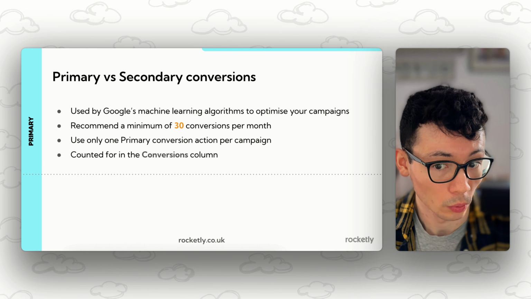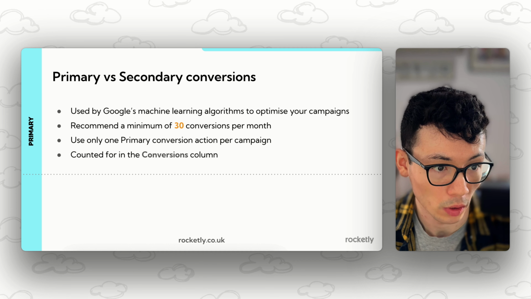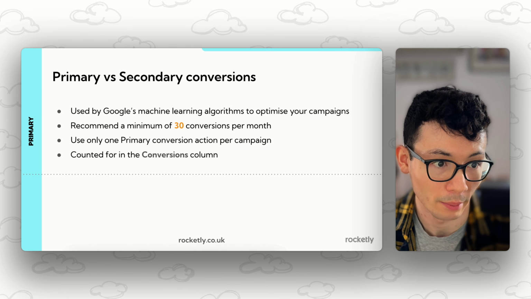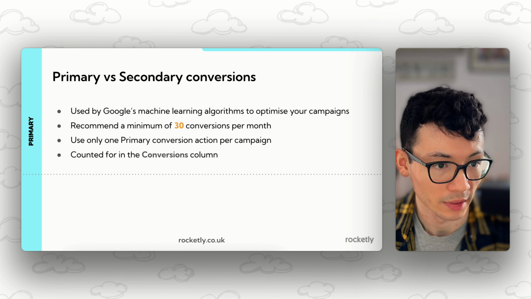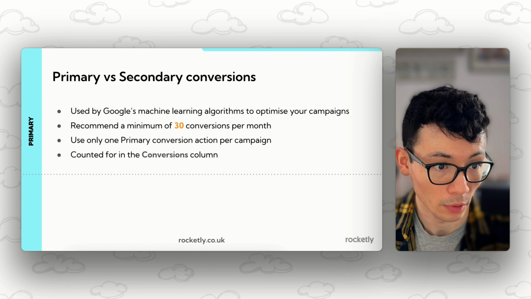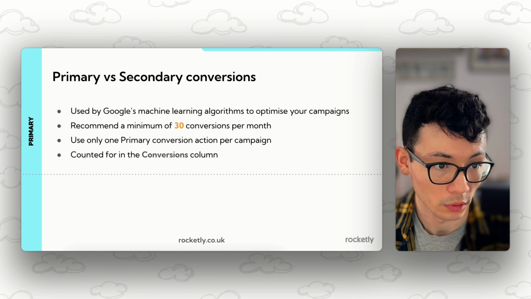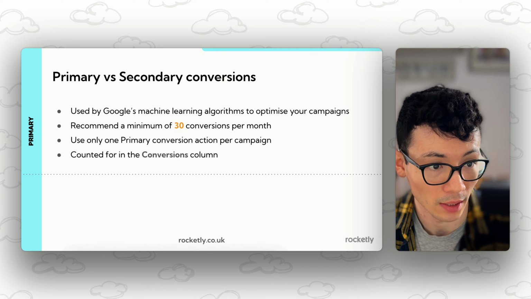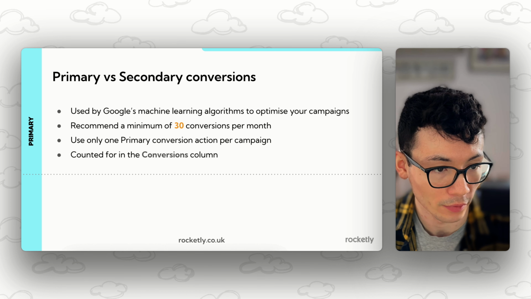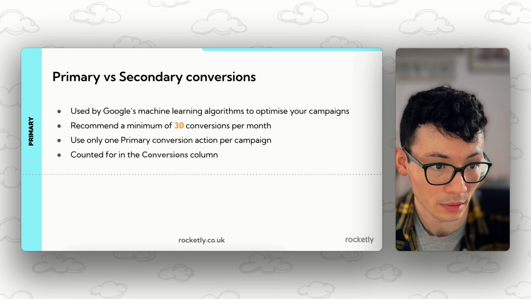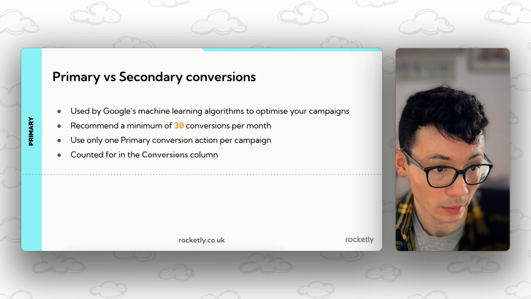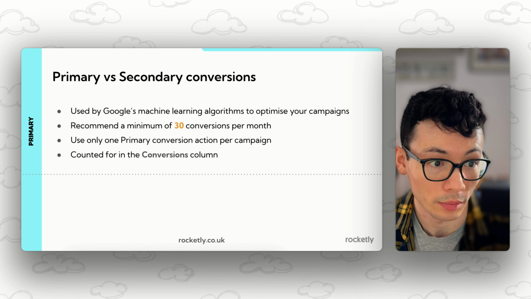Also, you want to have only one primary conversion per campaign, so you don't send mixed signals to Google by having multiple primary conversion actions that you're optimizing towards. For example, you wouldn't want to optimize towards purchases on an e-commerce website and also have an additional primary conversion action such as newsletter signups, because a purchase is a lot more valuable than a newsletter subscription.